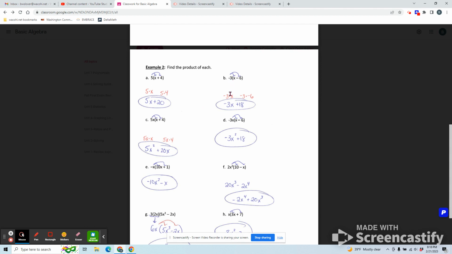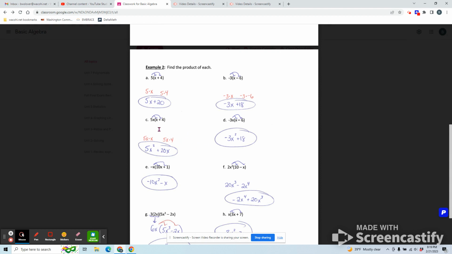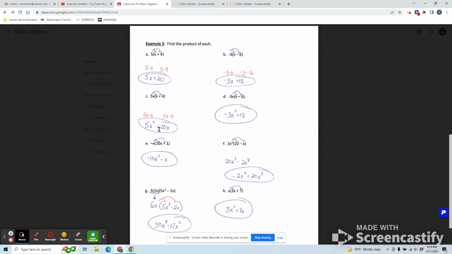Distribute a -3. So -3 times x, -3x. -3 times -6, +18. And my answer is in standard form. Now letter C to the end, we're not just distributing a number, or a constant.